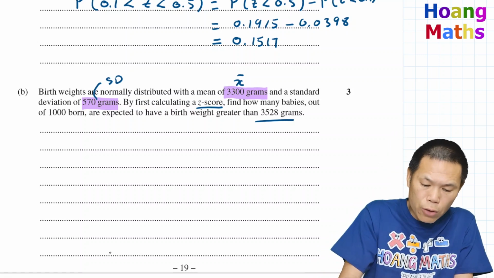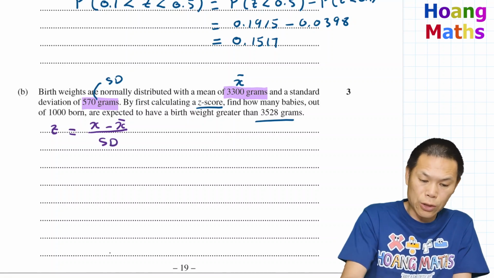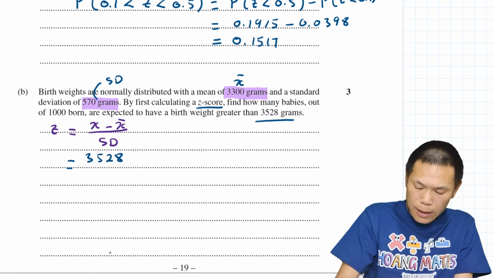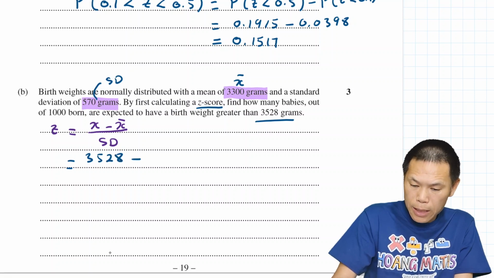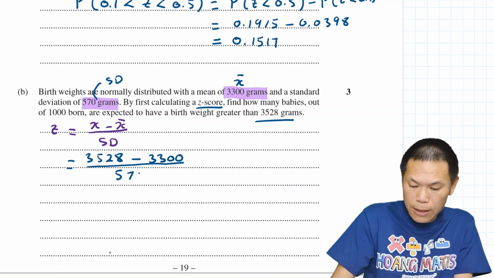We know the rule for the z-score is this: z equals x minus x bar, that is the mean, over the standard deviation. So we know that x is 3,528, and we minus the mean, that is 3,300, over the standard deviation, that is 570.